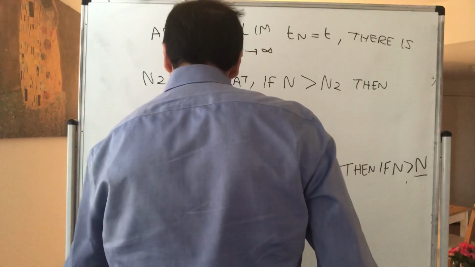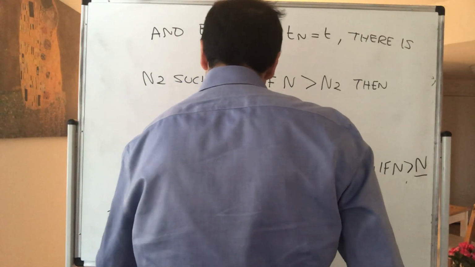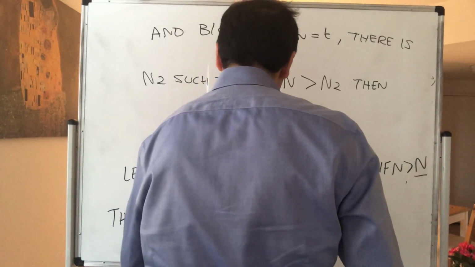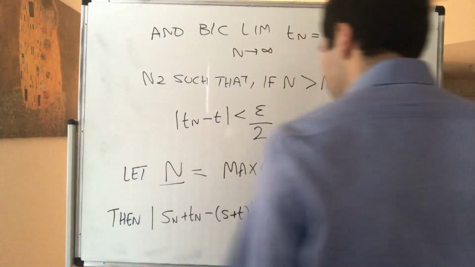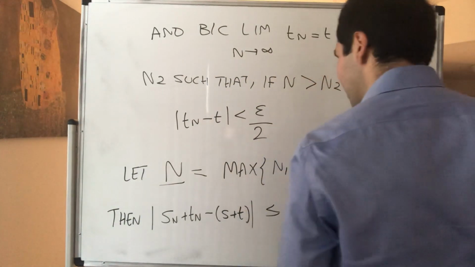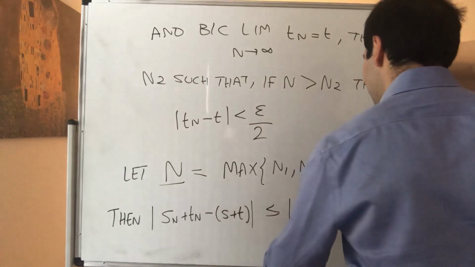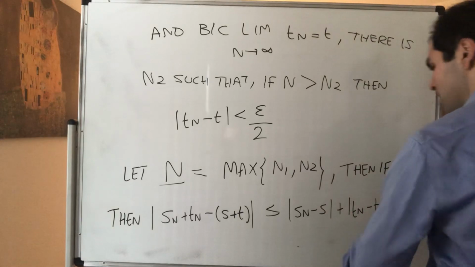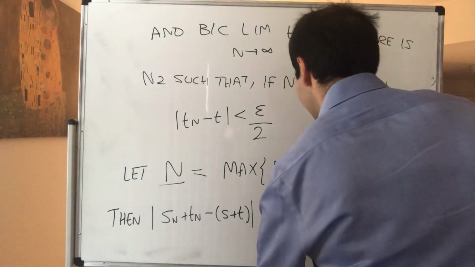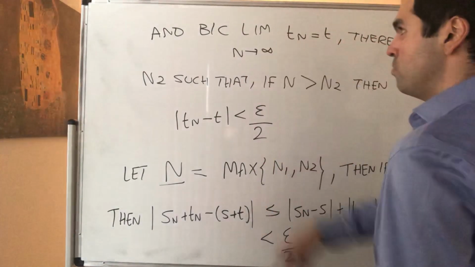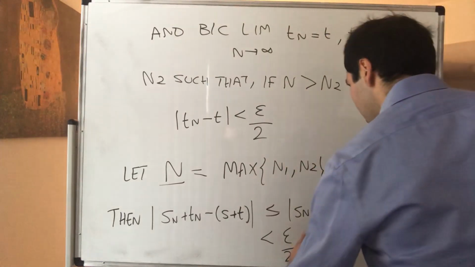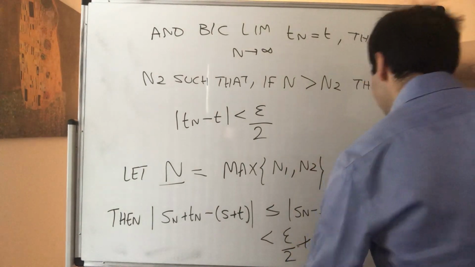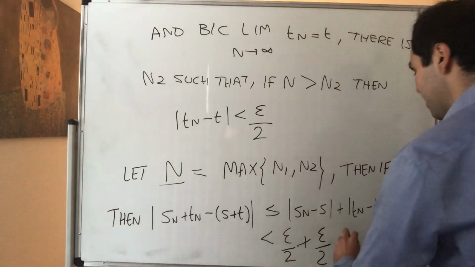Well, remember we had Sn plus Tn minus the stuff that we want. Again, if we repeat the whole thing, we have that this is less than Sn minus S plus Tn minus T. But we know that this is less than epsilon over 2 by the stuff I erased. And we also know this is less than epsilon over 2 by this.